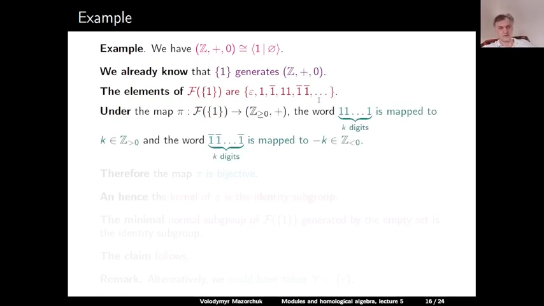Under our surjective map π, the word 1 1 1 ... 1 with k digits is mapped to the positive integer k, and the word 1 overlined, and so on, 1 overlined with k letters is mapped to the negative integer minus k. And so our map π is bijective. And this means that the kernel of π is the identity subgroup.